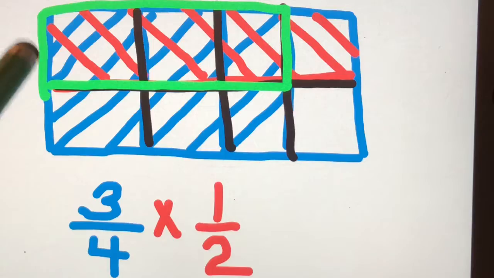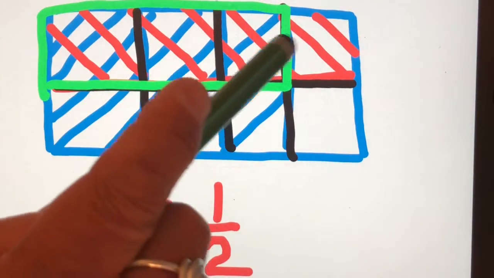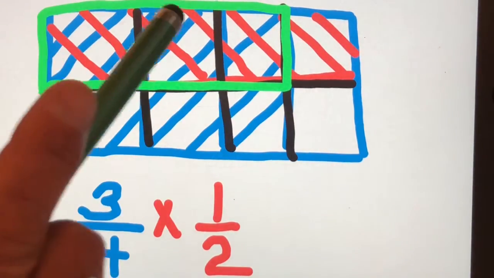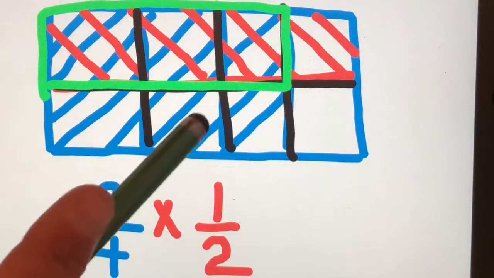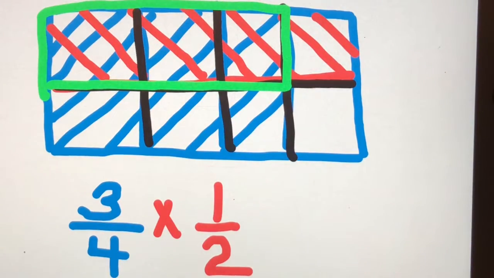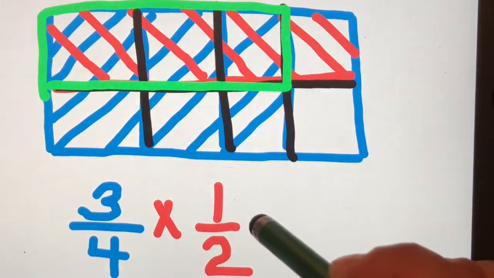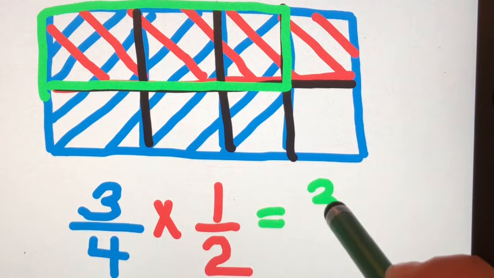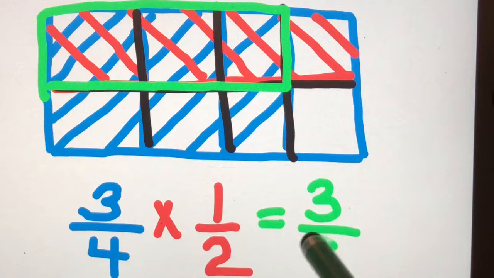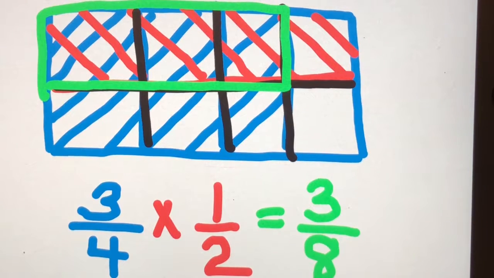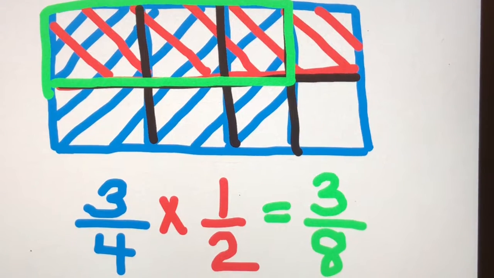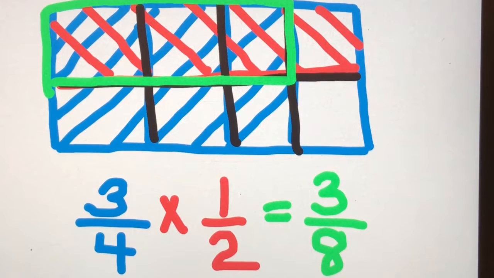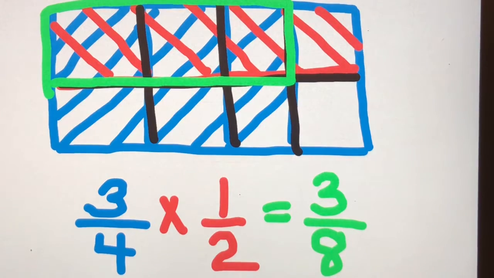And I notice that we have 1, 2, 3 out of the 1, 2, 3, 4, 5, 6, 7, 8 that's shaded by both colors. So I have 3/8, and if we remember back to our concrete model with a ribbon, the length of our ribbon was 3/8 of an inch.